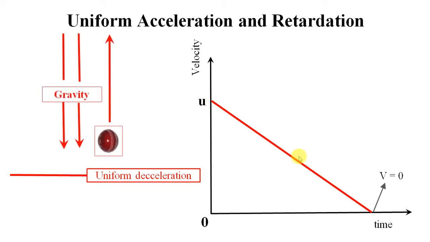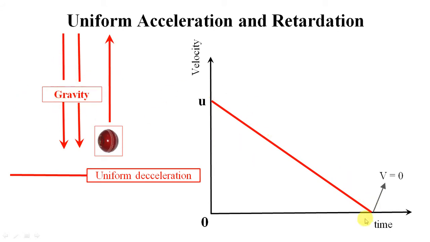You can observe this particular case practically in case of a body projected vertically upwards against the gravitational pull. When you project a body vertically upwards at a certain velocity, you have to give some velocity to it. Let's say that's the initial velocity we should give to it. As it starts moving vertically upwards, it loses velocity continuously at a constant rate because of the gravitational pull of the Earth or of any planet.